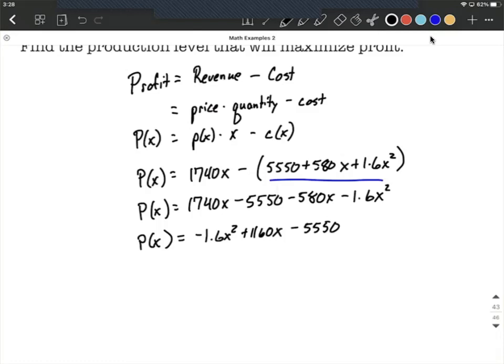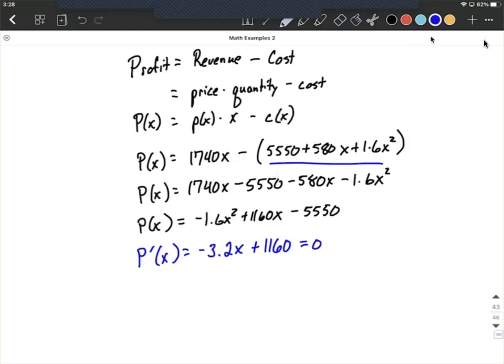From here, we would like to go ahead and find any critical values or critical numbers. To do so, let's find the first derivative. So power rule a couple times. We'll do negative 3.2X plus 1160, and the derivative of that constant is going to be 0. To find the critical values or critical numbers, we need to set this equal to 0 and do a little bit of solving down.